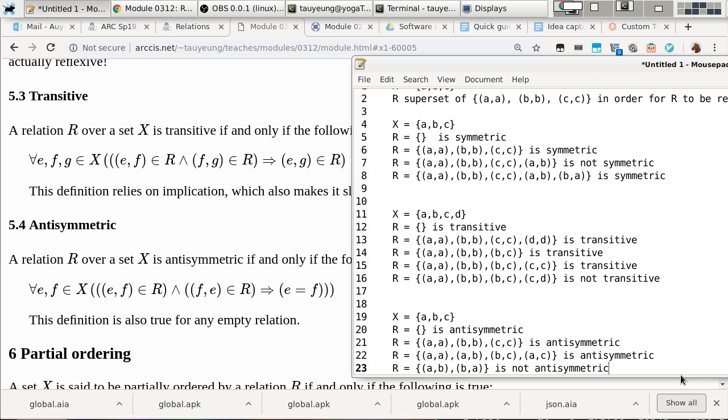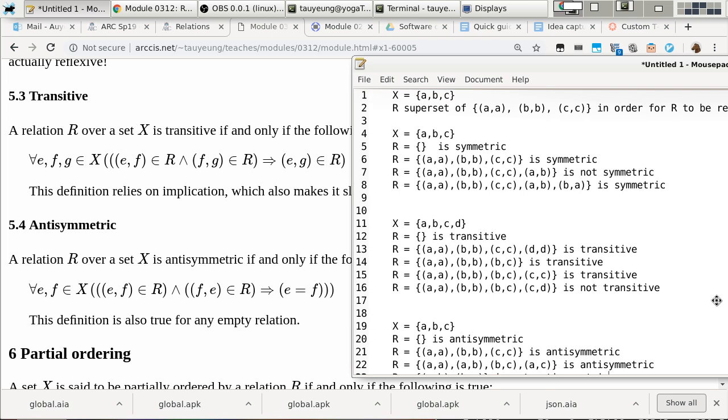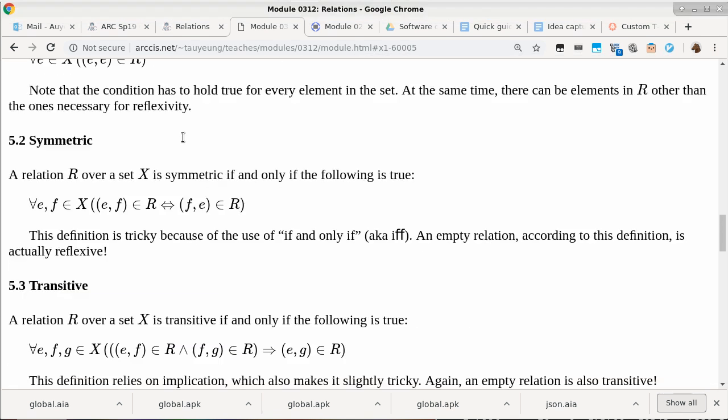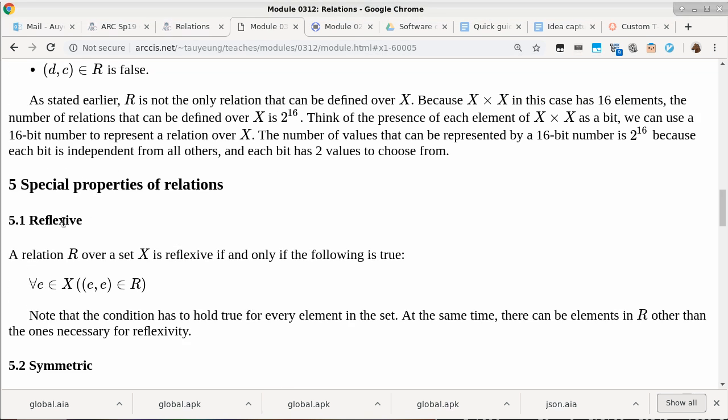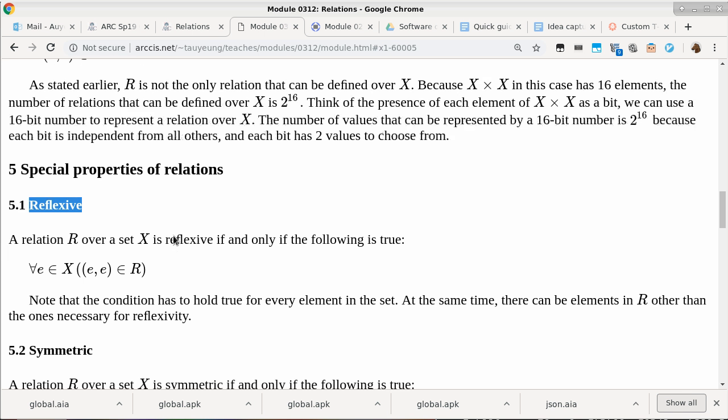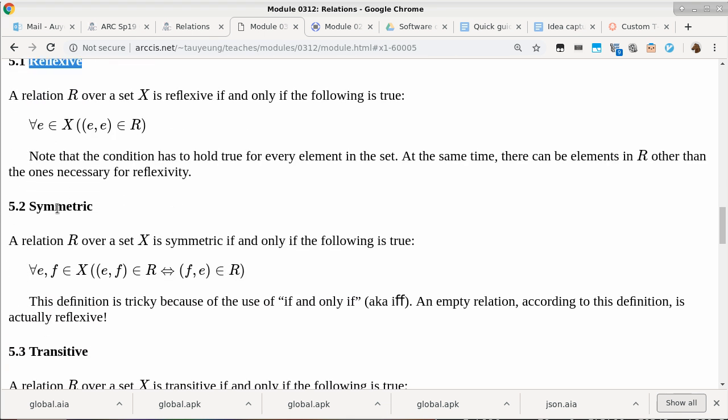All right. So is that okay? And then partial ordering means that it has to meet 3 of these 4 requirements. In order for something to be partially ordered, it has to be reflexive. It should not be symmetric.